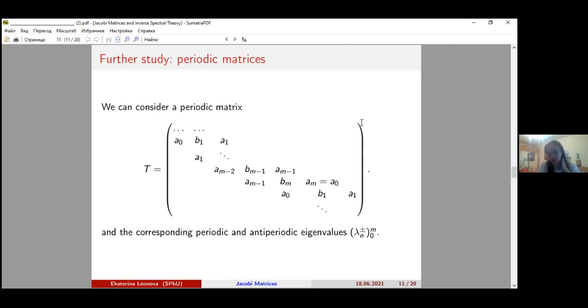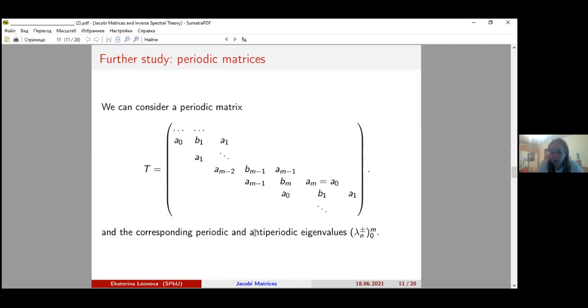Then this problem of finding these vectors we can make a finite dimensional problem, because we can just consider a part of this matrix and move this A_0 to somewhere over here, and then take this A_M to somewhere over there, and we will have one matrix. Since the eigenvectors are also periodic, just like the matrix itself, it will work. So it will be again something simple, something finite dimensional, that we know how to work with.